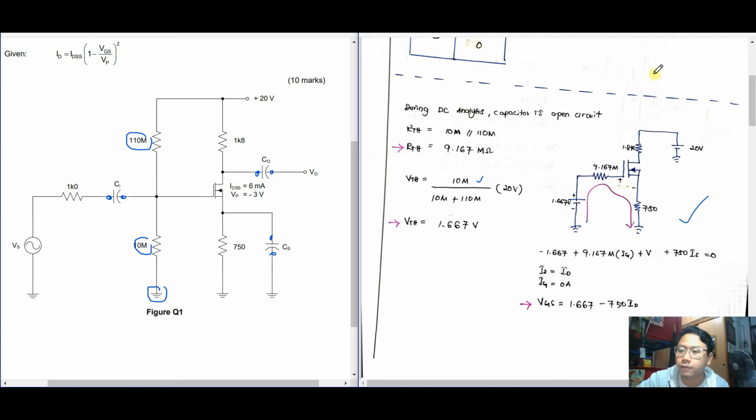So where is the VGS? VGS will be added here. From this figure, do the KVL from ground to ground.